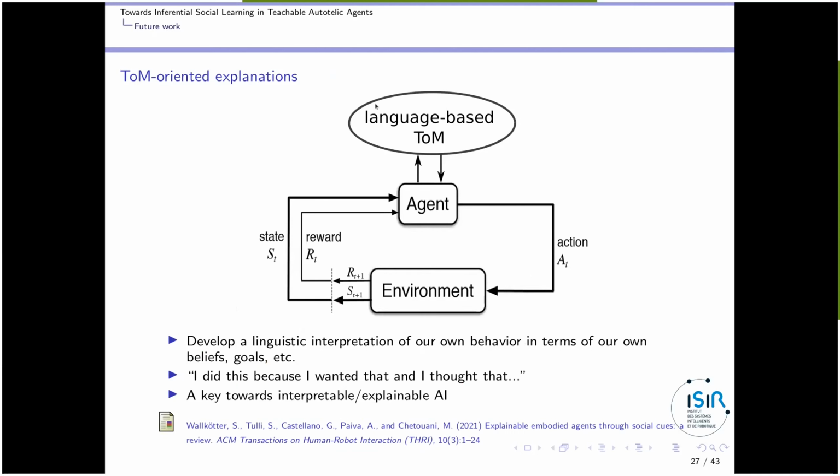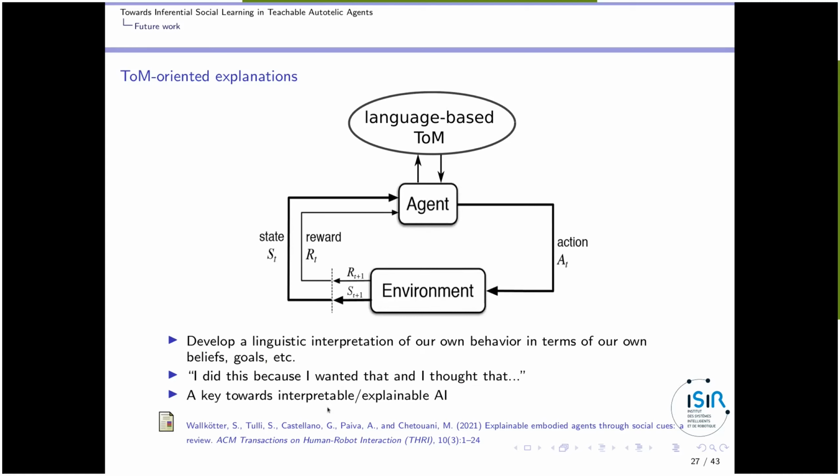And finally, if we have an agent with language-based theory of mind, it could have a theory of mind about its own behavior. And that's very interesting because this agent could explain what it's doing in easy to interpret ways for humans. So it could say things like, I did this because I wanted that and I thought that.